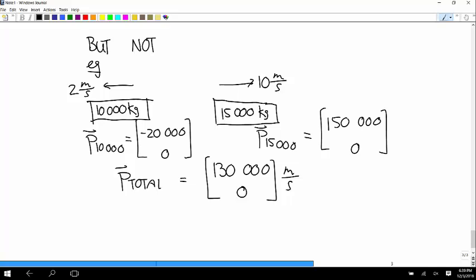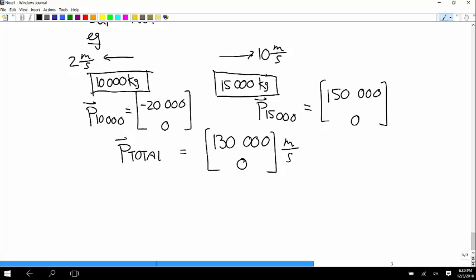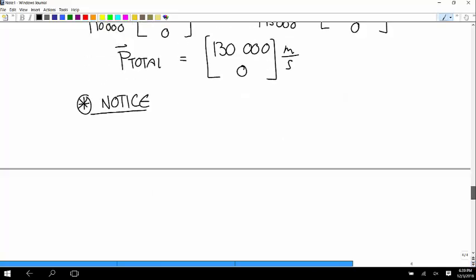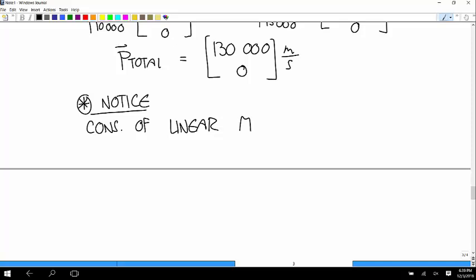Okay, so the key thing here is notice conservation of linear momentum limits the possible velocities of the objects after the collision.